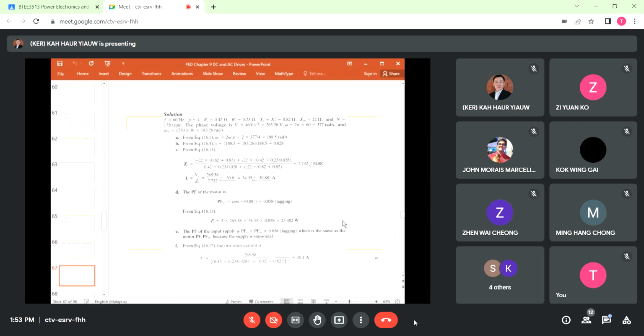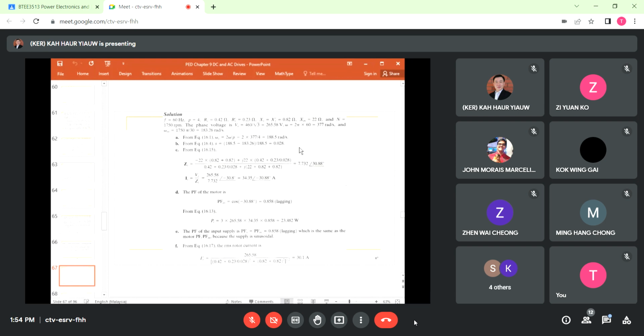First of all, we need to write down the information given and convert the frequency into omega, which is 377 radian per second, and also convert the rotor speed omega m into radian per second as well. From equation 1 you can obtain omega s, which is equal to 188.5 radian per second.